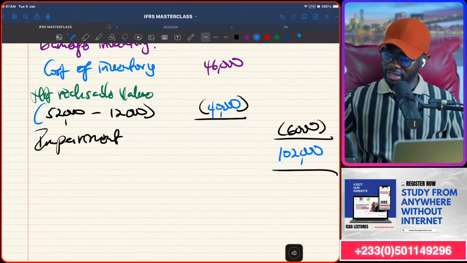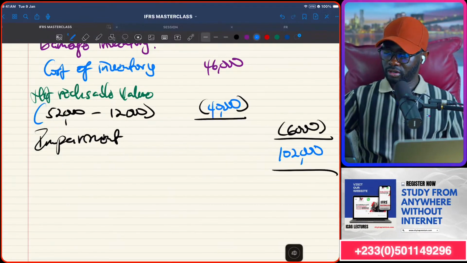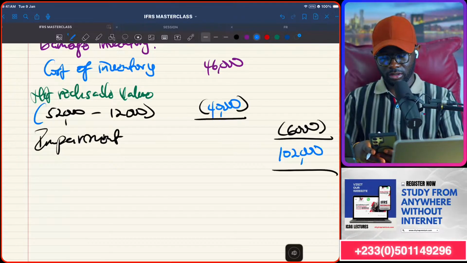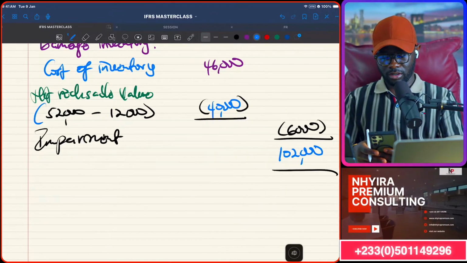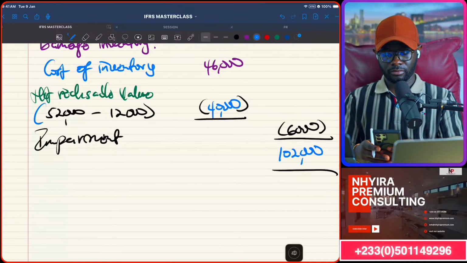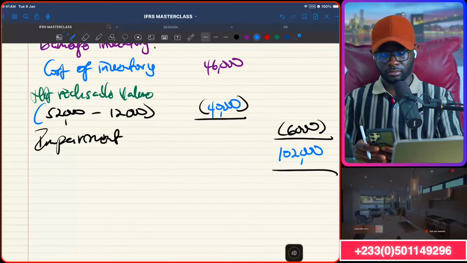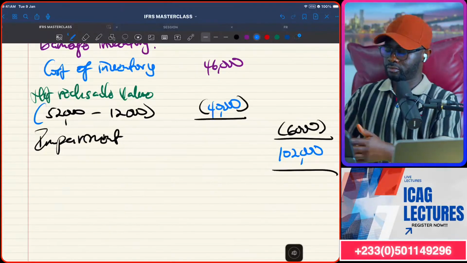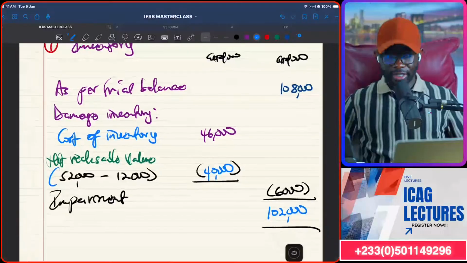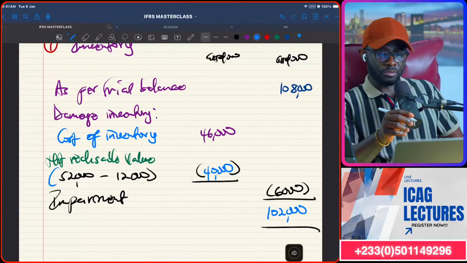That is what you must understand about this particular treatment. So that is the closing stock. That will go to the statement of financial position.